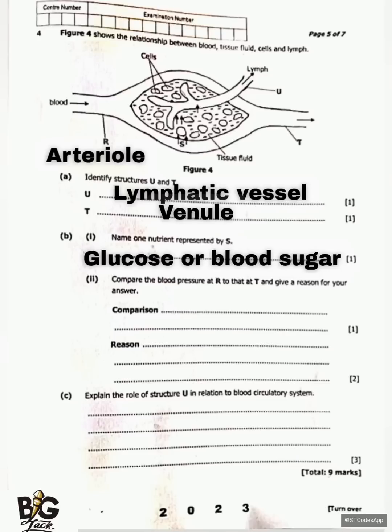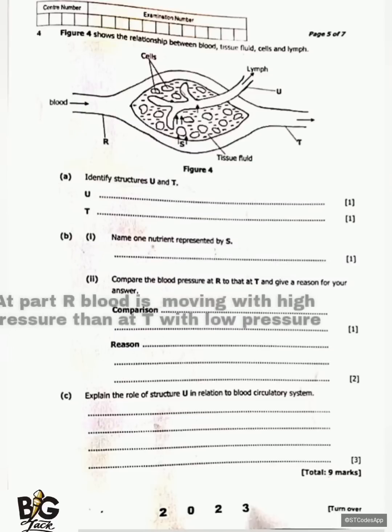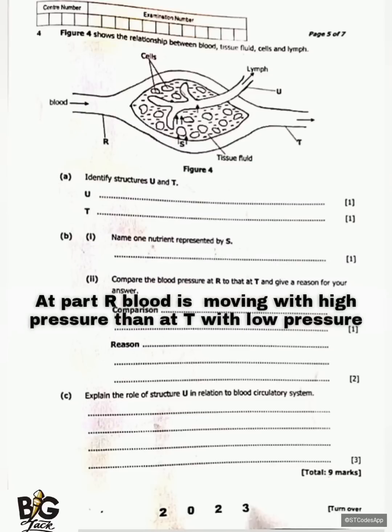So I'm going to say R is going to have high blood pressure, while at T, blood is going to move with low pressure. So at part R, blood moves with high pressure compared to T.